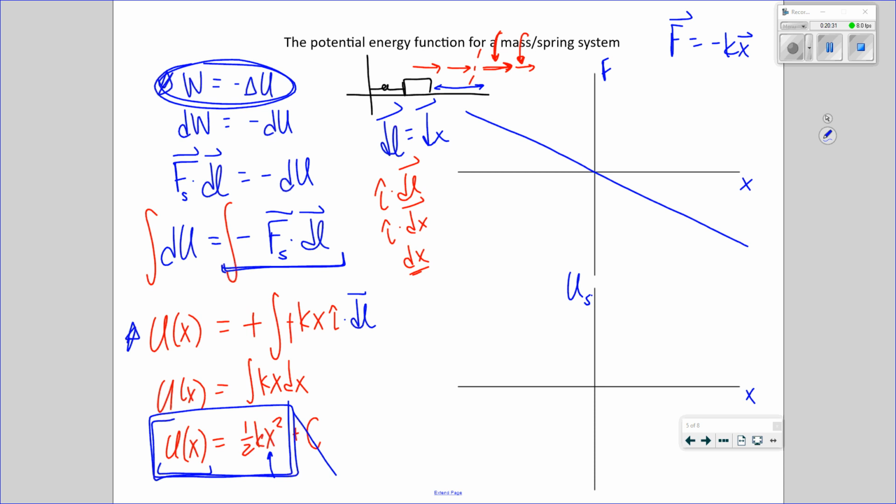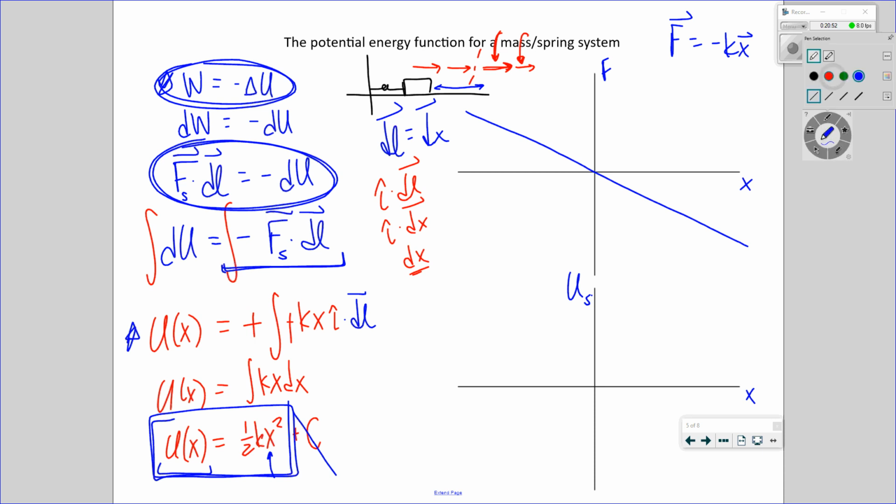A definition of conservative force is that the work that it does is equivalent to the decrease in potential energy, and so we can use that relationship between work and potential energy, but in this case force and potential energy, to relate the two.